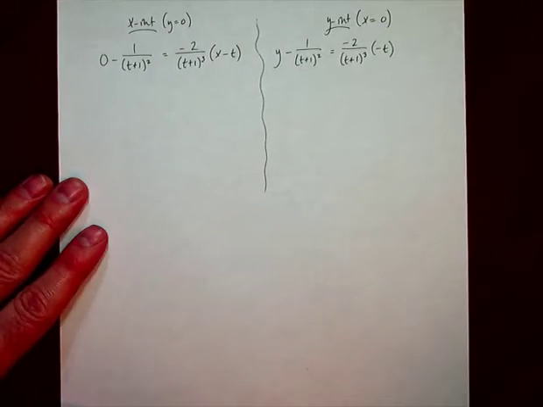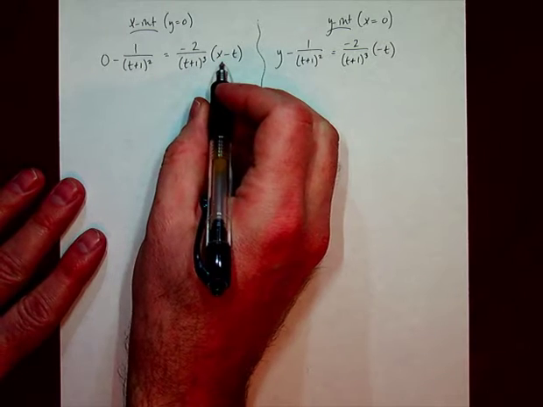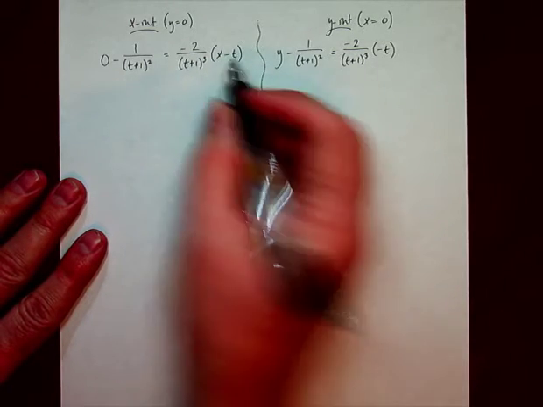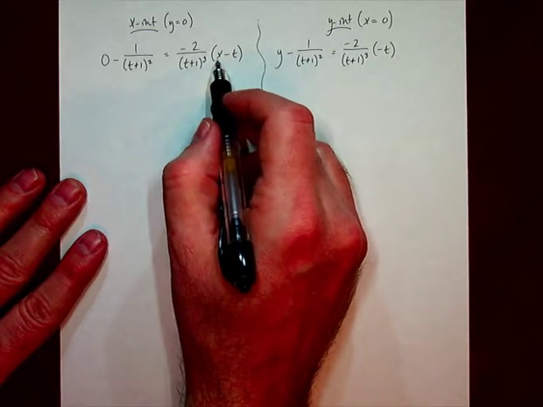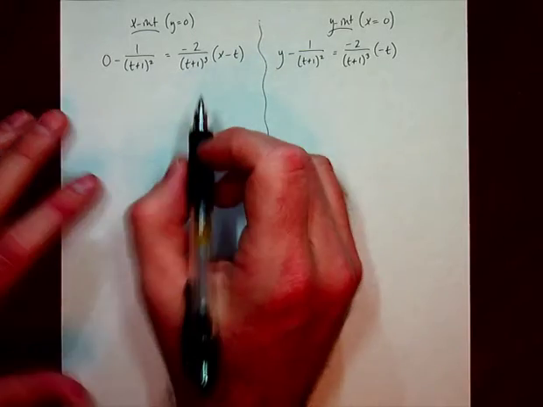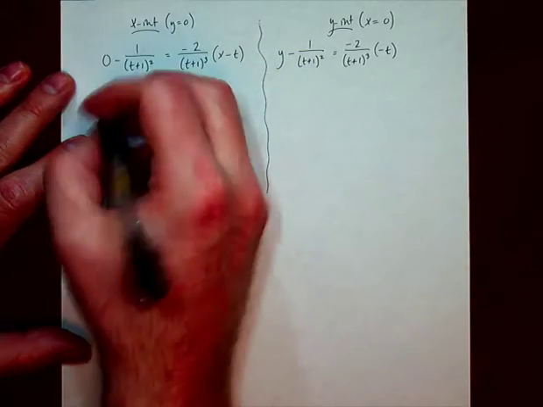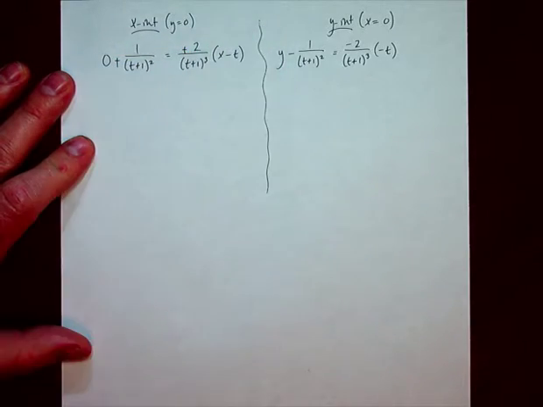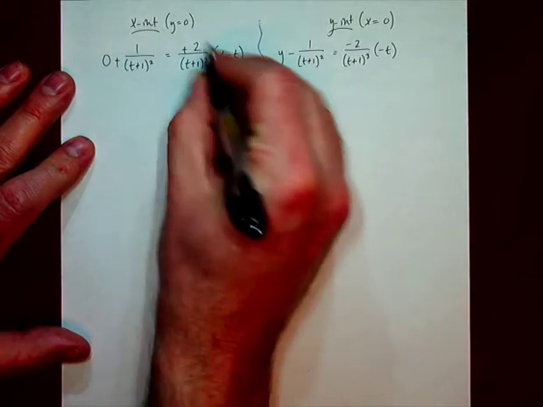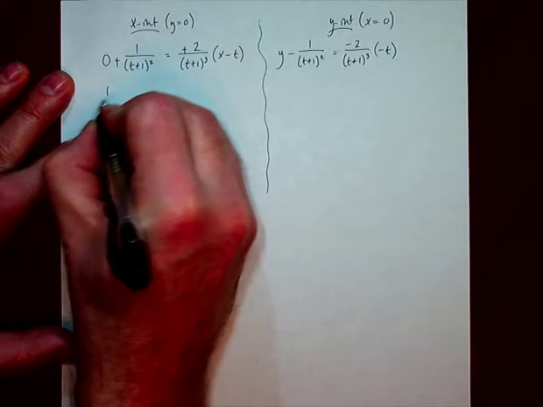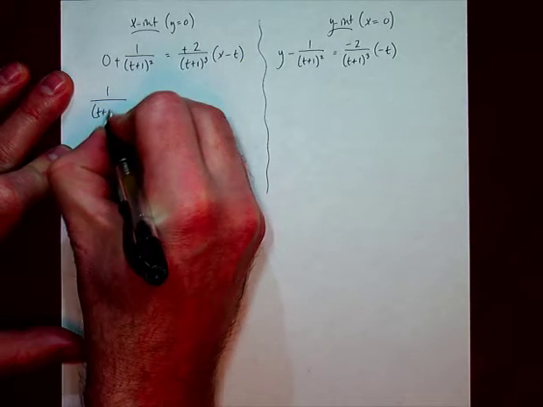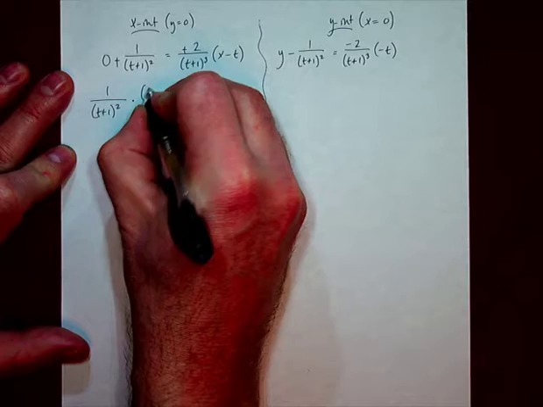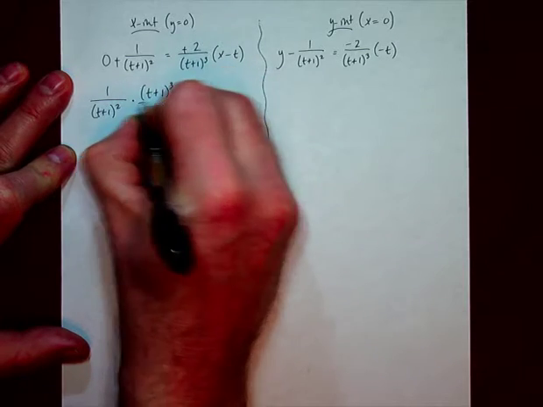Okay. So let's go ahead and solve this one for x. We need to know x in terms of t. We can multiply both sides by a negative, and then I need to get rid of this coefficient, so let's divide by it, and of course dividing by that is the same as multiplying by its reciprocal, t plus 1 cubed over 2.